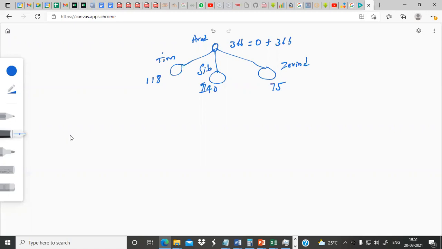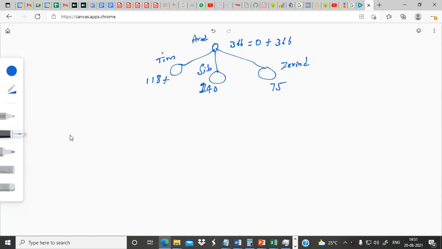Now what are all these things? 118 is nothing but the actual cost of reaching from Arad to Timisoara. 140 is the actual cost of reaching from Arad to Sibiu. This 75 is the actual cost of reaching from Arad to Zerind. Now for all these, let us calculate the f of n. This is g of n for Timisoara.